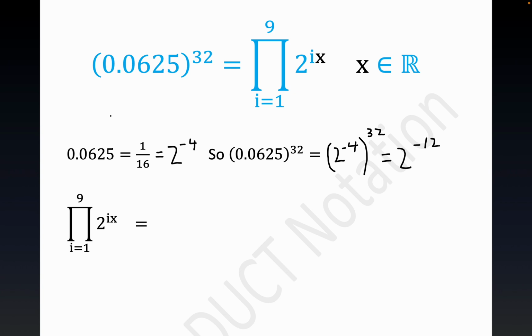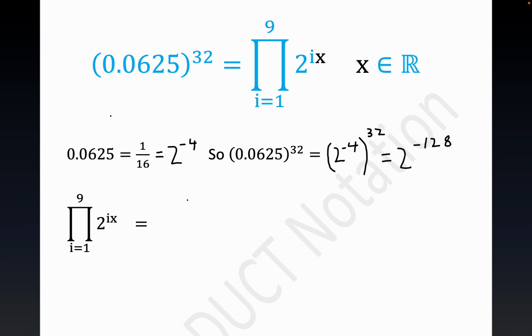Okay. So now this is a nice thing because this right-hand side is 9 powers of 2 multiplied together. Okay, and so we have the left-hand side in terms of a power of 2.